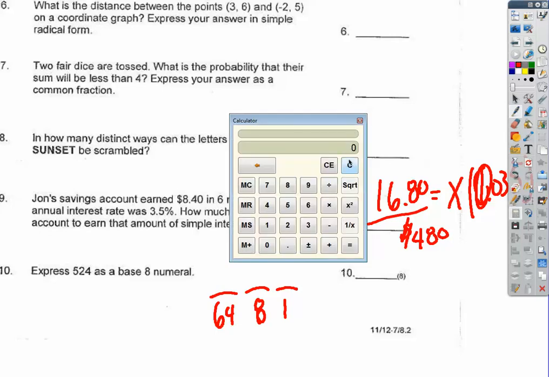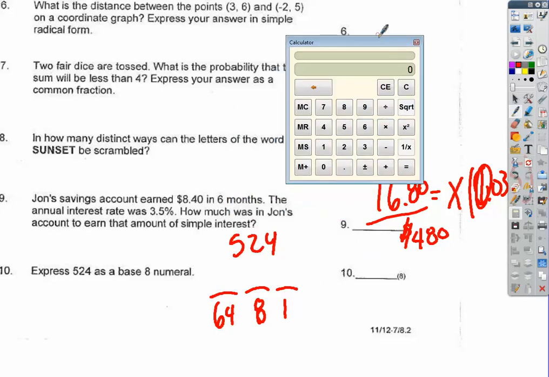So I'm going to again cheat for the interest of getting this thing over with. So if I go 64 times 7, it's 448. 524 minus 448 is 76. That goes in.